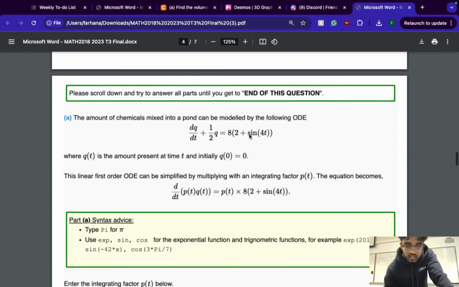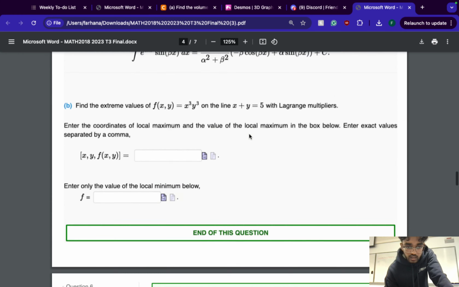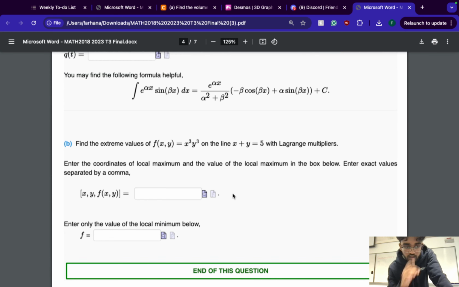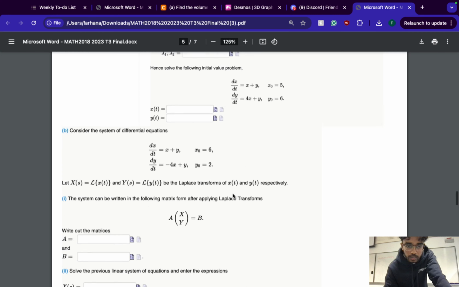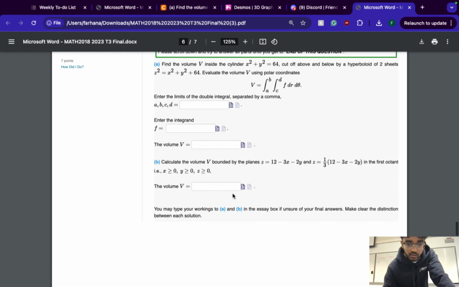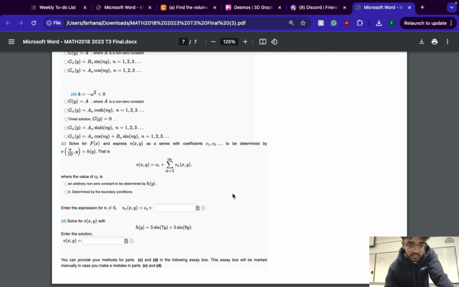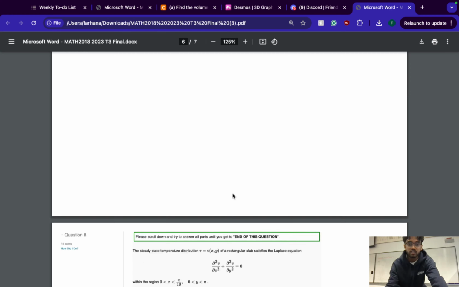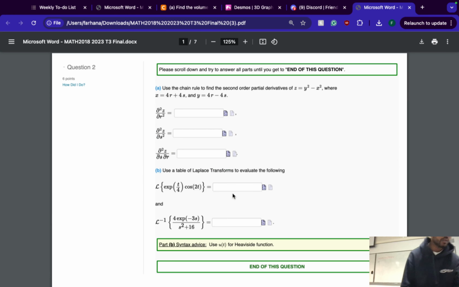Vector fields, ODEs. Then there's also, what is this? Extreme values, matrices, another Laplace transform question, double integration, and then finally this really long PDE question. So I'll just start going through it one by one.